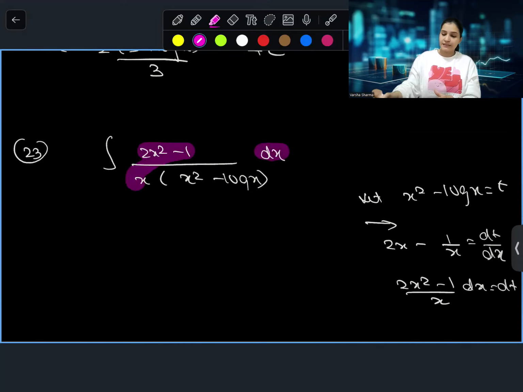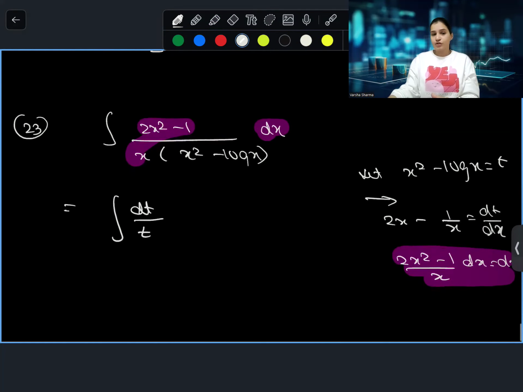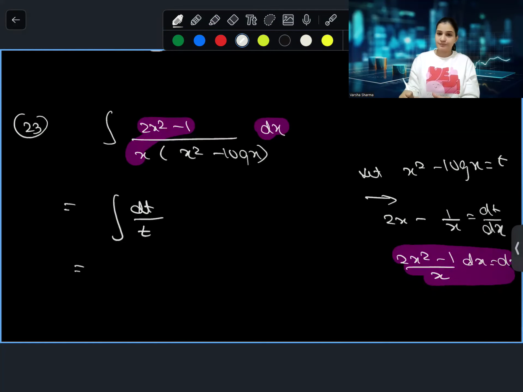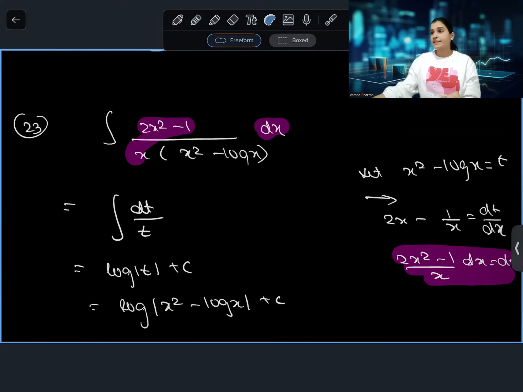So this entire term becomes dt, and below it is t. So the integration will be log mod t. Replacing it back, log mod (x square minus log x) plus c. Does it match? Yes, ma'am.